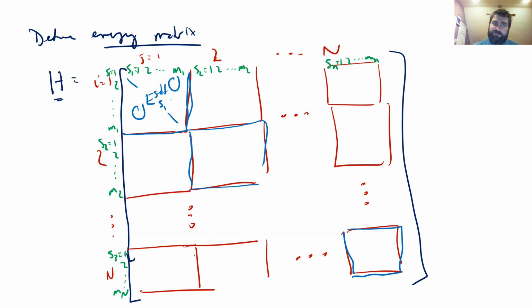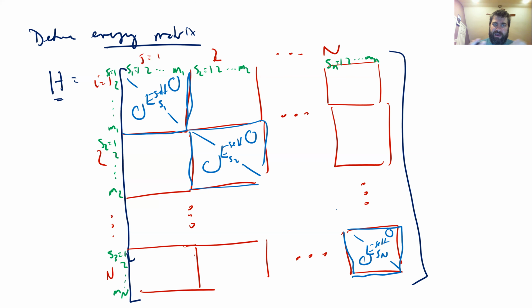And everywhere else is zeros. And do the same thing for the self energies of the rotamer choices at position 2, and all the way down to the self energies at position N. These diagonal blocks are diagonal matrices that store the self energies.